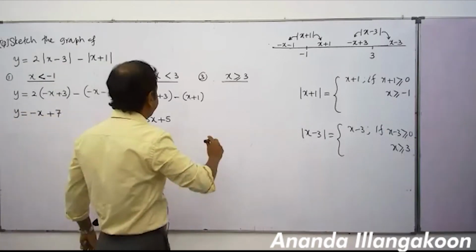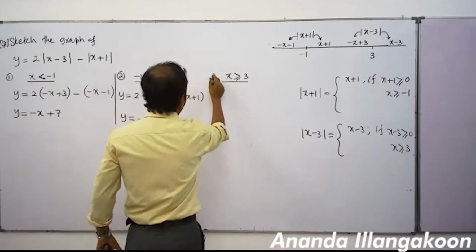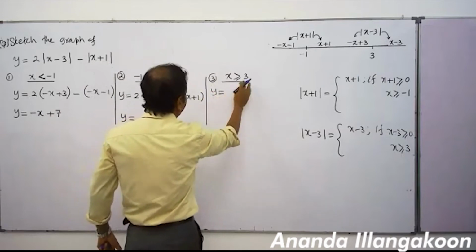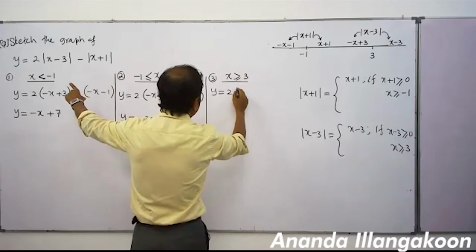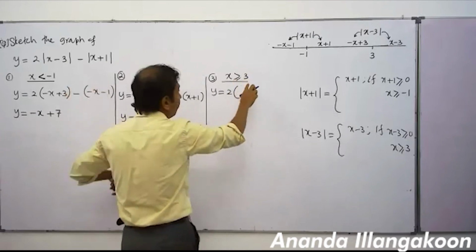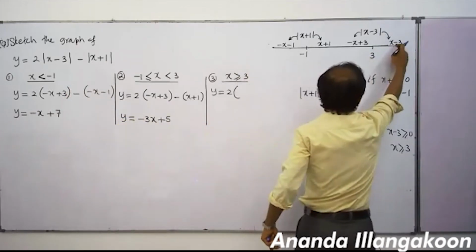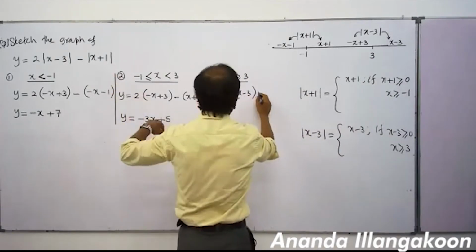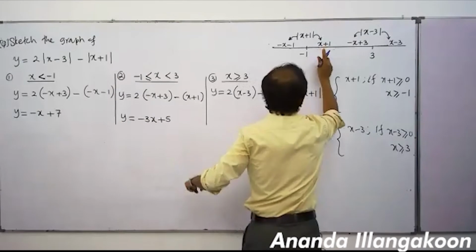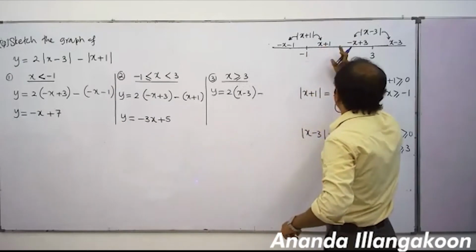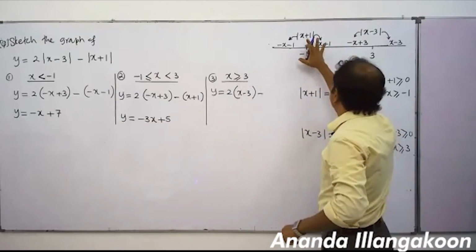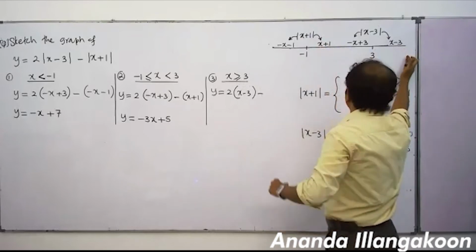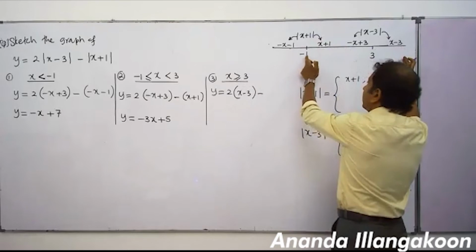Right. Next one, in this interval, 2 times mod x minus 3 on the right of 3, it is 6 minus 3, minus x plus 1, right? For all values on the right of minus 1, mod x plus 1 takes this. So therefore, on the right of 3 also, right of 3 means on the right of minus 1, no?